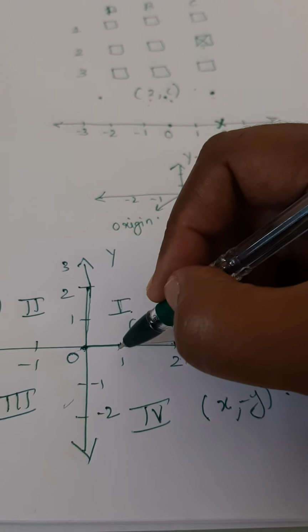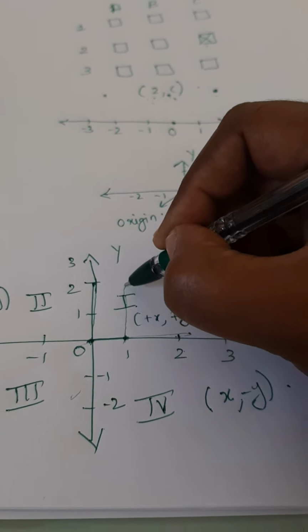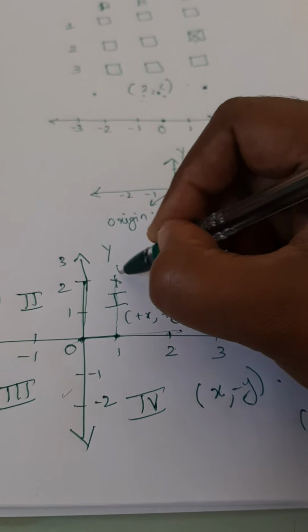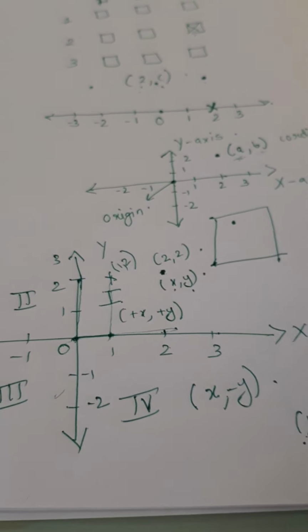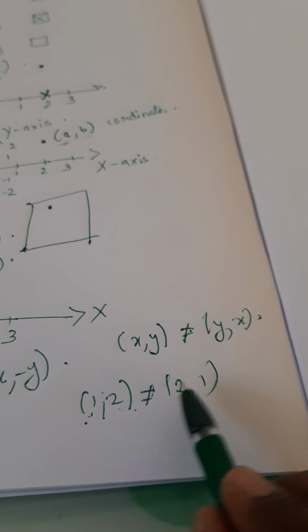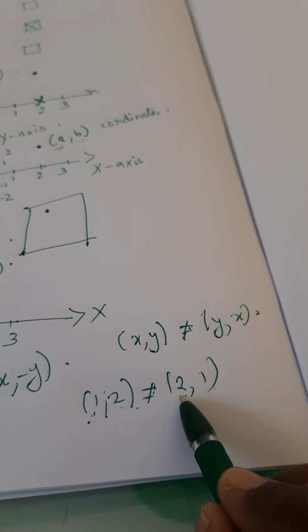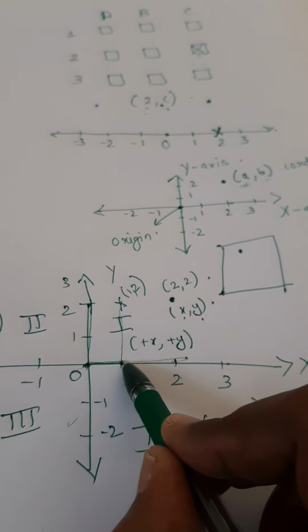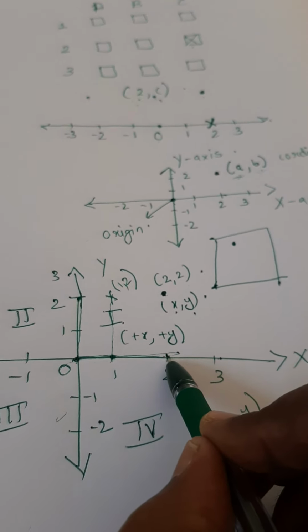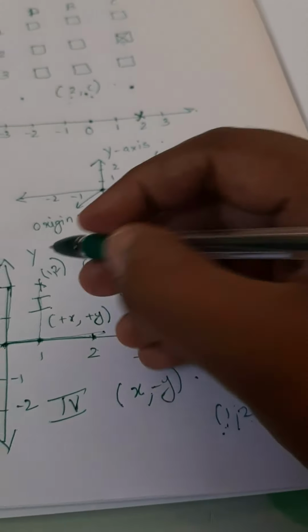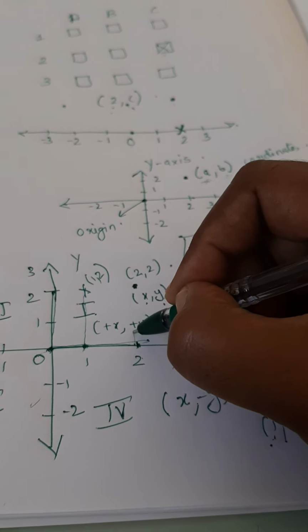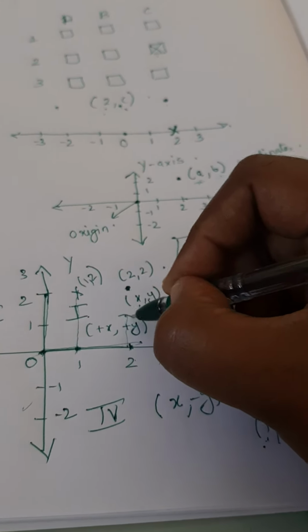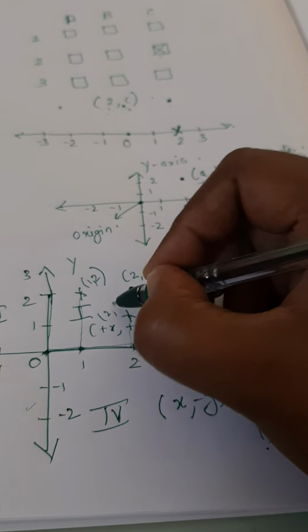So you move along the y-axis. So the point is 1 comma 2. Am I clear? Okay. Now, which point is 2 comma 1? 2 means you move the distance 2 along the x-axis here, and 1 means you move along the y-axis 1 unit. So the point here is 2 comma 1.